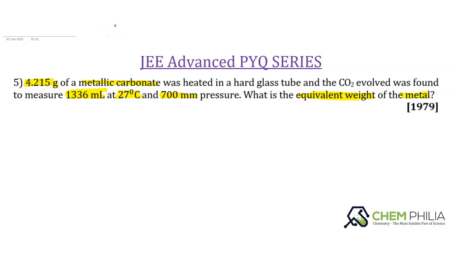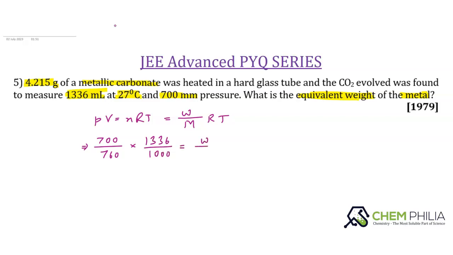First of all, we know that PV equals nRT, and n means nothing but mass by molecular weight, into RT, right? Now P means pressure. Pressure is how much? 700 millimeter. And let's convert it into atm by dividing by 760. Into volume is 1336 ml. But if we want to convert it into liter, we have to divide it by 1000. Equals W by M. M means molecular weight. Here the gas is CO2.